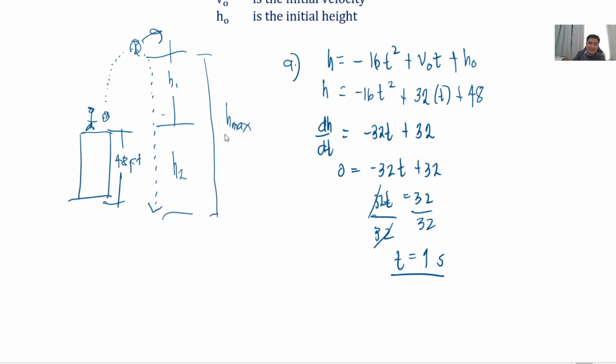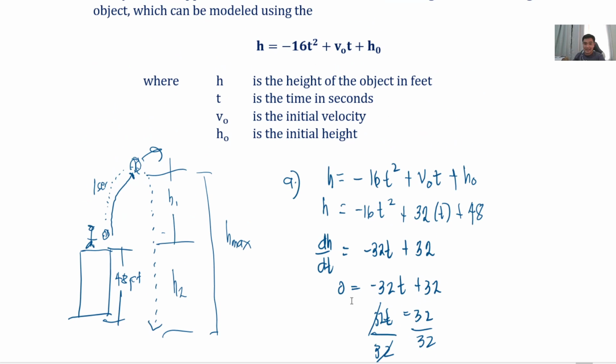So, nung tinapon nyo yung bola sa taas, okay, marireach nyo yung maximum height after 1 second. After 1 second, andun na yung maximum height. So, that is at t is equal to 1 second.